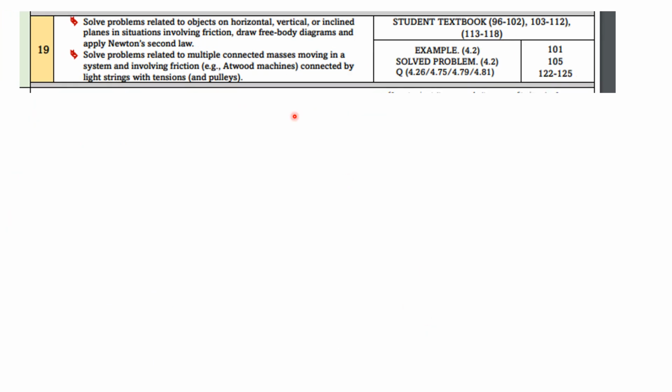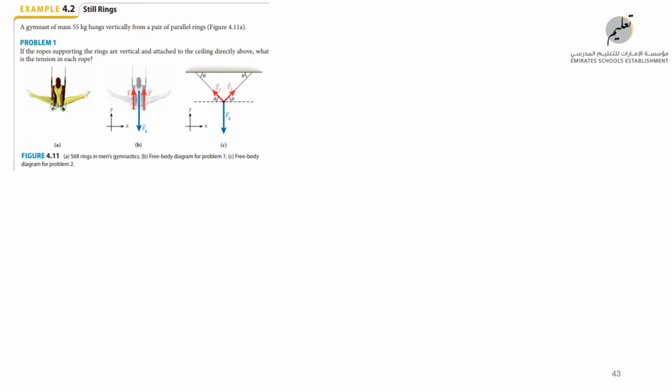Moving on to this slide: solve problems related to objects on horizontal, vertical, and inclined planes in situations involving friction, as we did before. Draw a free body diagram and apply Newton's second law. Also, solve problems related to multiple connected masses moving in a system involving friction, connected by a light rope. For this bullet, I choose example number 4.2.